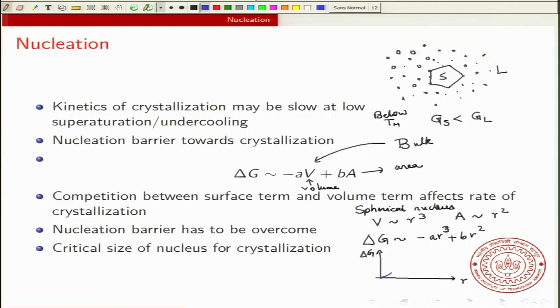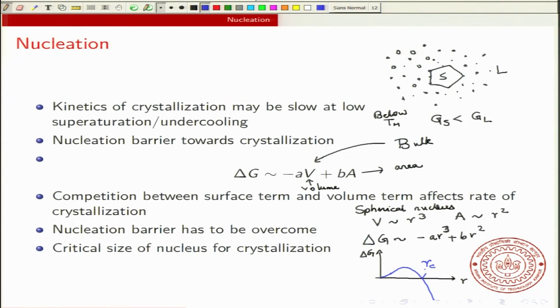So the delta G will actually be positive. But of course, when r is very large, then the r cube term is much larger, and it will change sign and it will become negative. So this place where it crosses, the size is called RC.